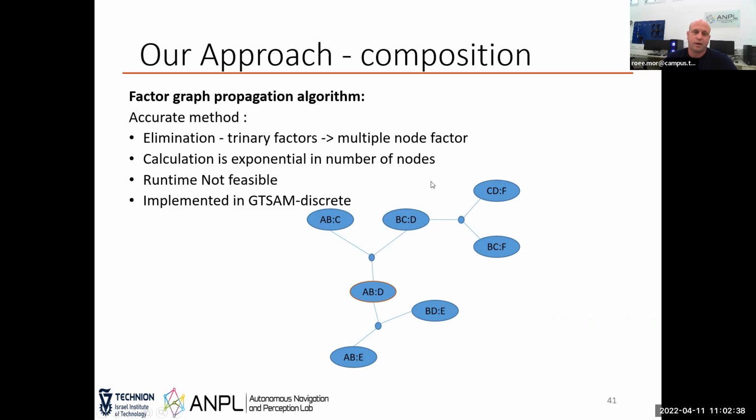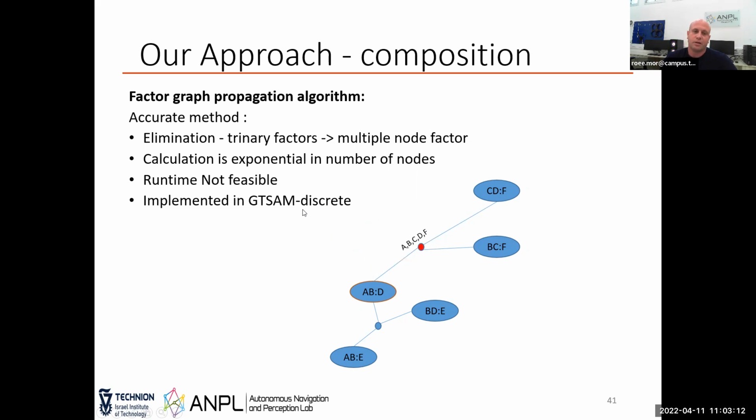There are rigorous algorithms for how to do it. The accurate way is by elimination. You take all these landmarks, these two factors, and replace them by one factor of many landmarks. The problem is that because we are using deterministic inference, this is going to be exponentially more expensive.